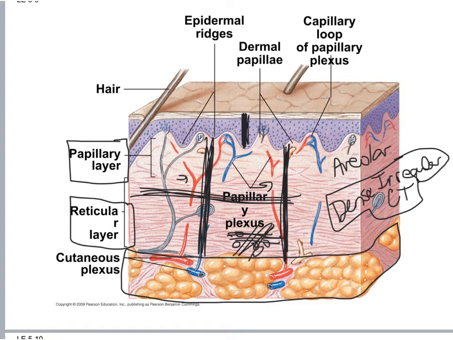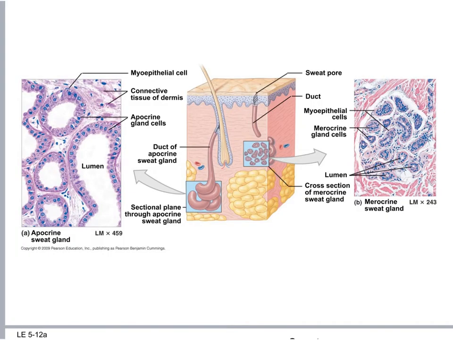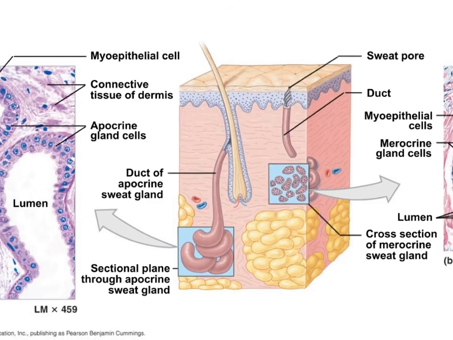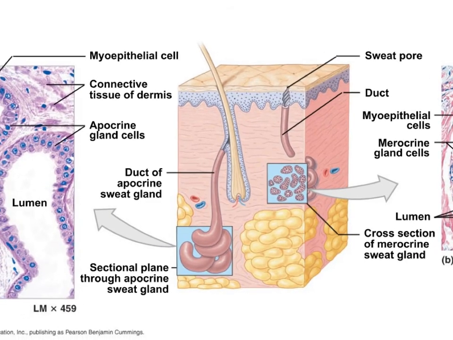Okay, so let's talk now about some of the hair follicles, sweat glands, the blood vessels, nerve endings.